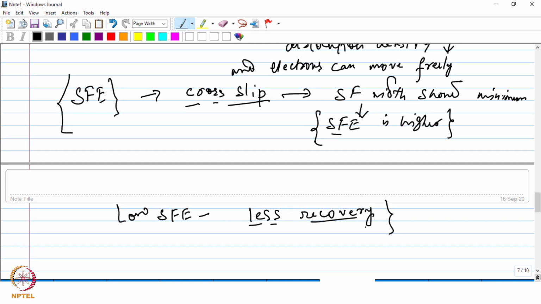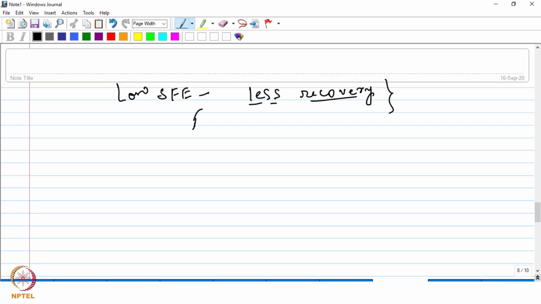Now comes the next stage. As you continue the annealing process, you may have the nucleation of new strain-free grains, or the initiation of the recrystallization process. We have already defined what recrystallization is, and there are certain rules or laws which govern the recrystallization process.